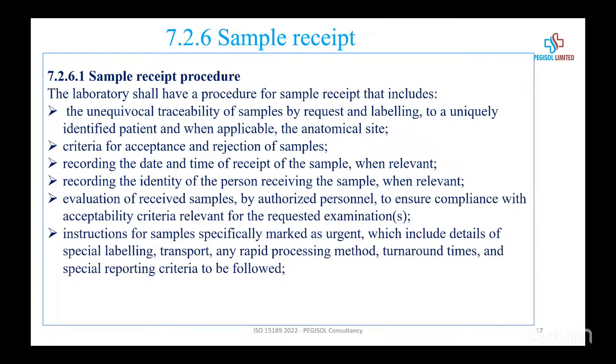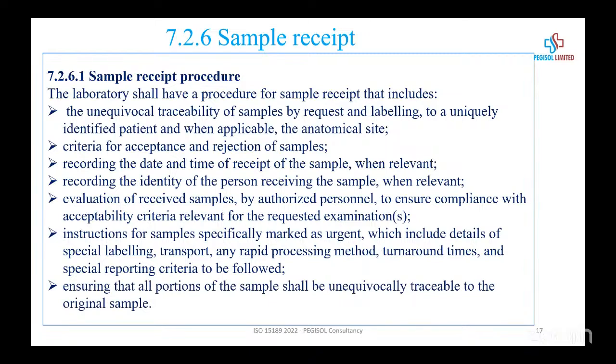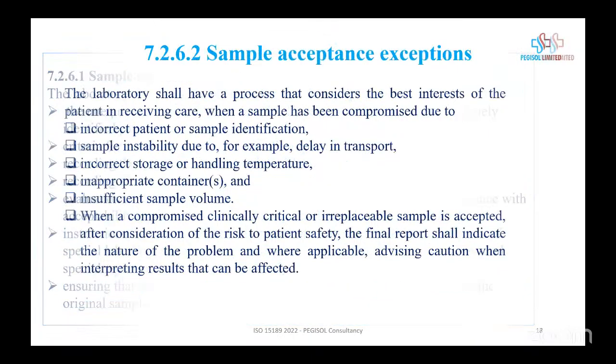So for all your urgent samples, you should have a procedure for receiving them, which includes details of special labeling, transport, rapid processing method, and turnaround time. So there should be a TAT for your urgent samples and special reporting criteria to be followed. Ensure that all portions of the sample are unequivocally traceable to the original sample, including aliquots.